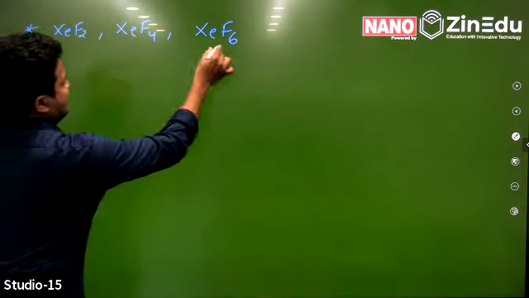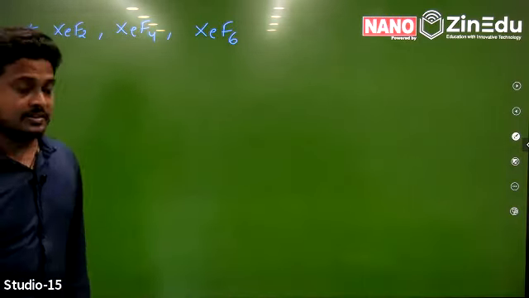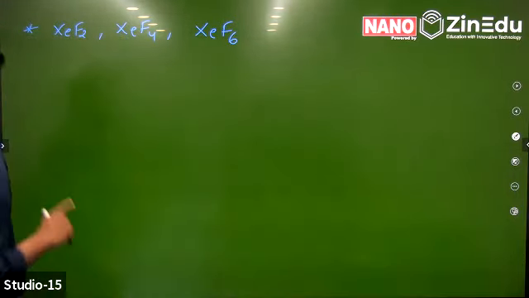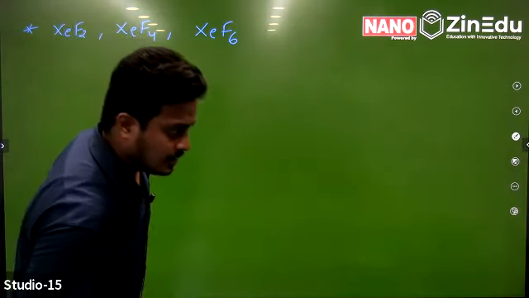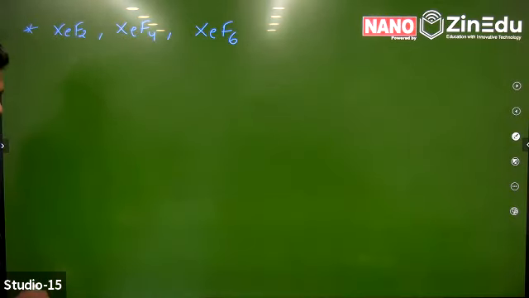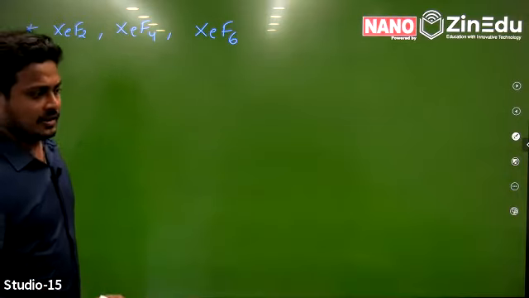In all these three cases, xenon is the central atom, right? Xenon belongs to which group? Zero group, also called the 8th group elements.